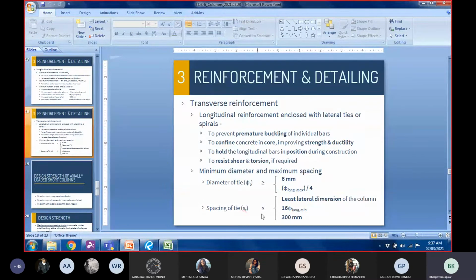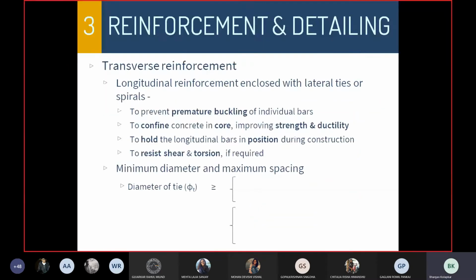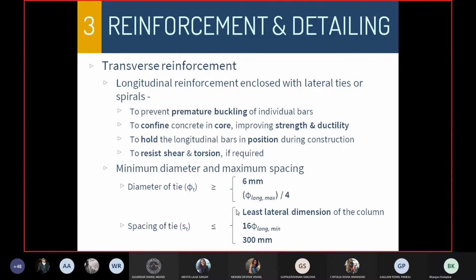And the next one is spacing of ties. The code says that the maximum spacing of the ties should be the least of these three: the least lateral dimension of the column, 16 times the diameter of the longitudinal reinforcement, or 300 mm.